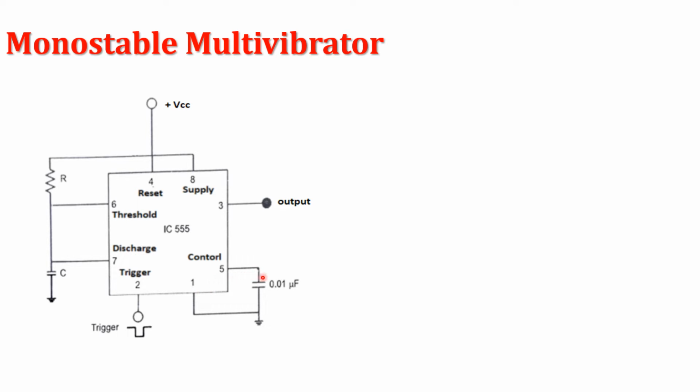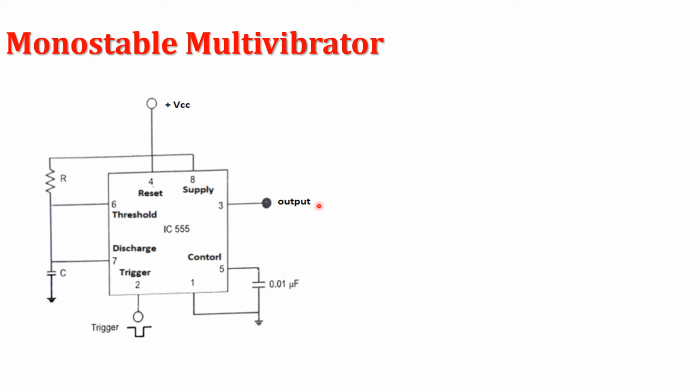The control pin is given to a capacitor whose value is 0.01 microfarad. Its other end is grounded at pin 1. That capacitor helps to avoid noise in the actual circuit. External trigger is given at pin 2 and output is measured at pin 3.